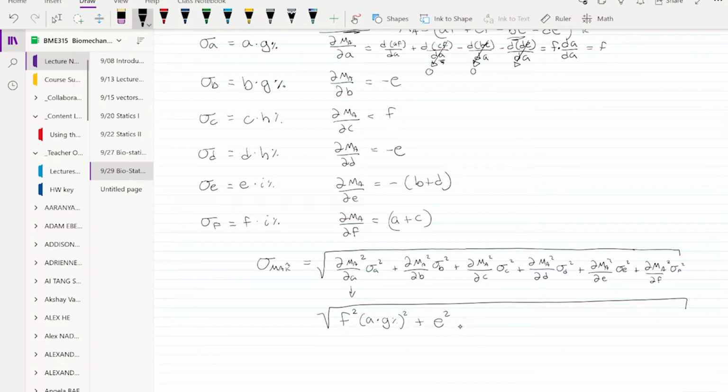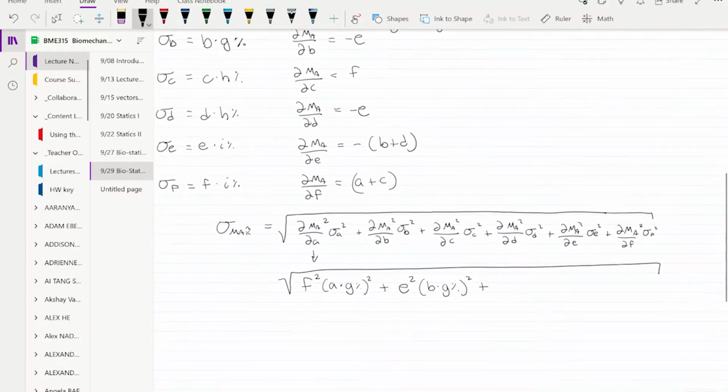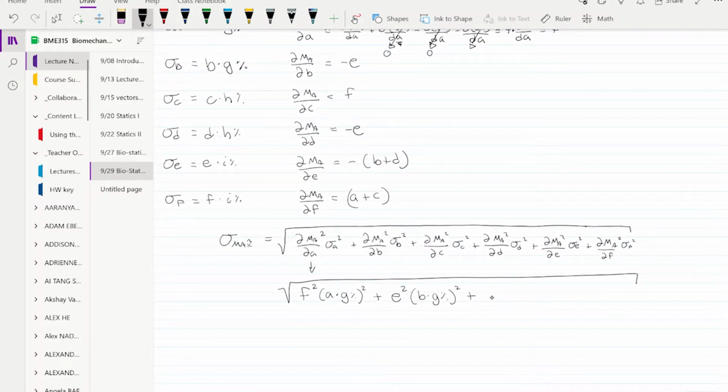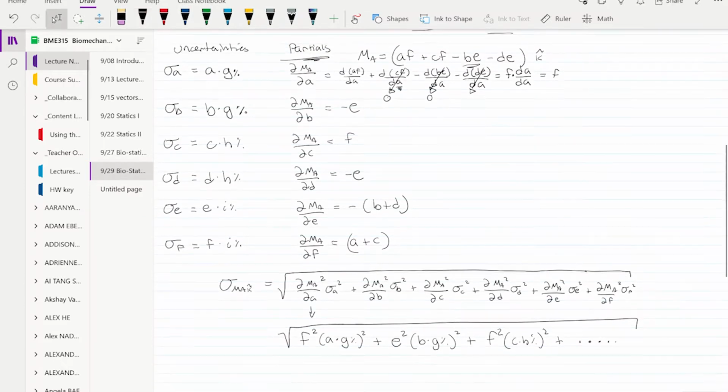Because the negative goes away. Sigma B is B times G percent, squared. Keep going. C, right? What's the C? It's F again. F squared, C times H percent, squared. All right, I'm not going to do the rest. The rest is easy, right? You just plug all that stuff in.